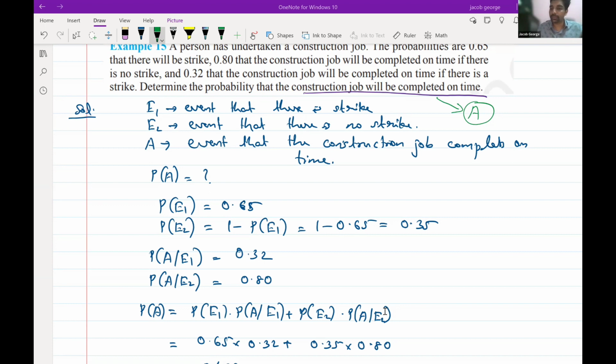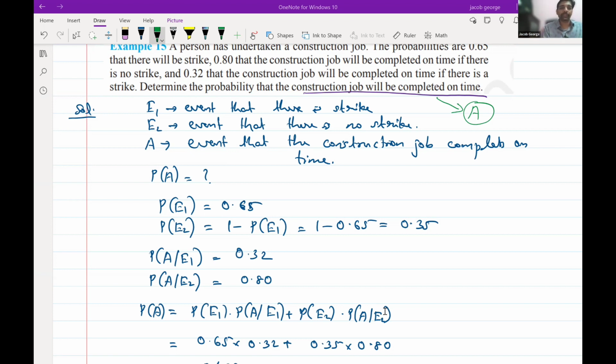Next is very, very important: P of A given E1. What is A as per the introduction? The construction job completes on time, given that E1, which means there is strike. There is a sentence in the question: job will be completed on time if there is strike.